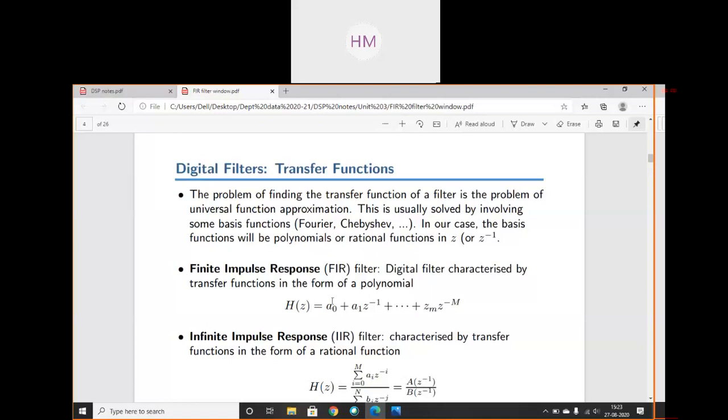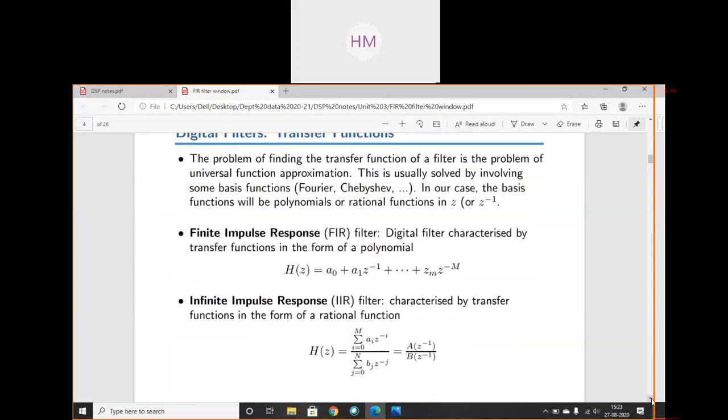Okay. So FIR, write down this FIR equation. H of Z is equal to A0 plus A1 Z inverse plus, till M. M is the number of inputs. See, do you remember these points? We have discussed it.